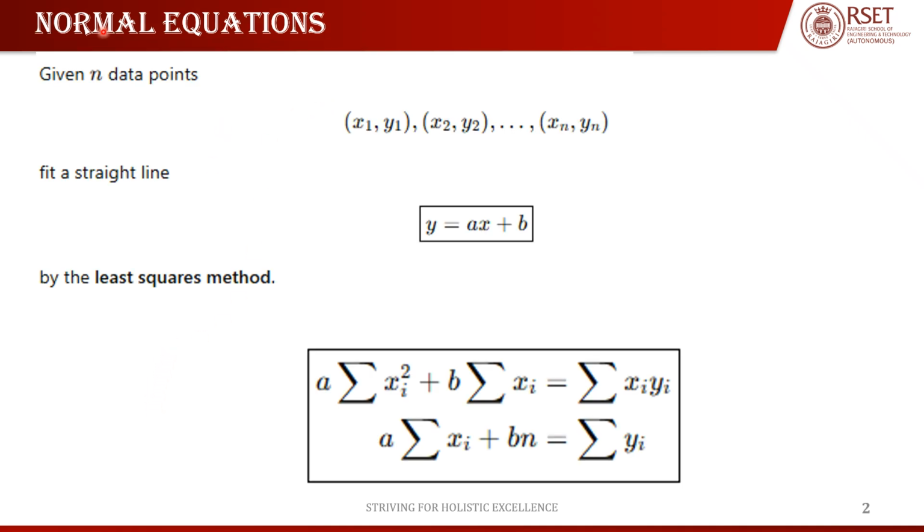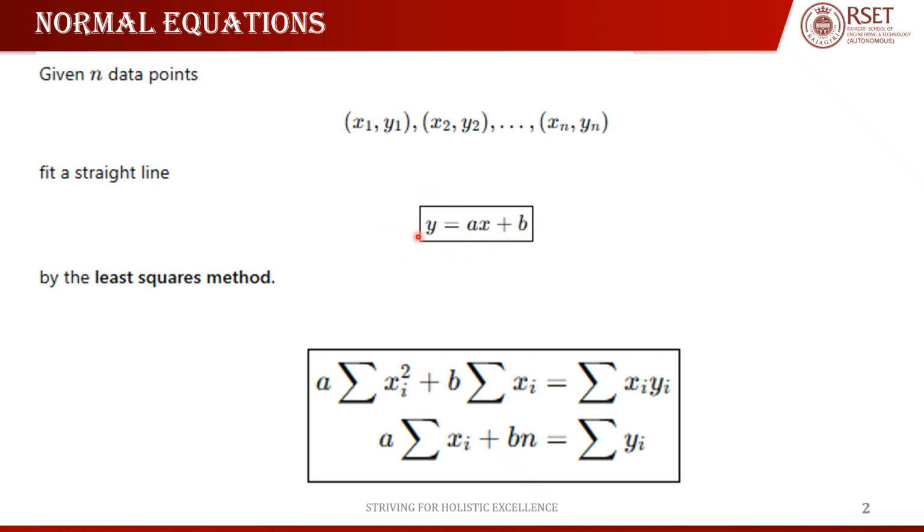Now we have the method of normal equations, and in normal equations suppose you are given n data points, say x1 y1, x2 y2, etc., xn yn, and you have to fit them into a straight line which is given by the equation y = ax + b. By the least squares method you have two normal equations. Since y = ax + b, just take the summation.